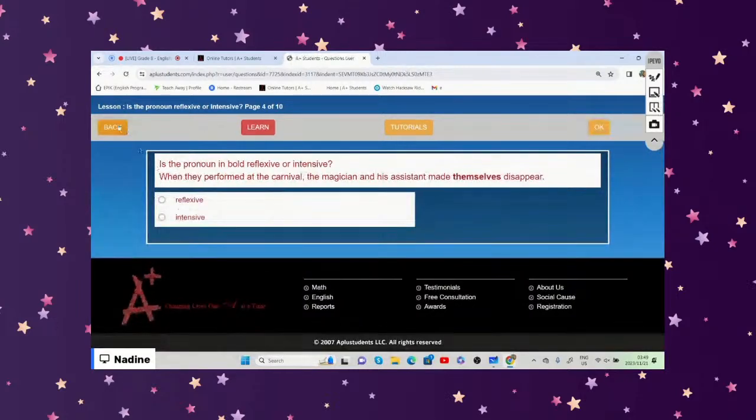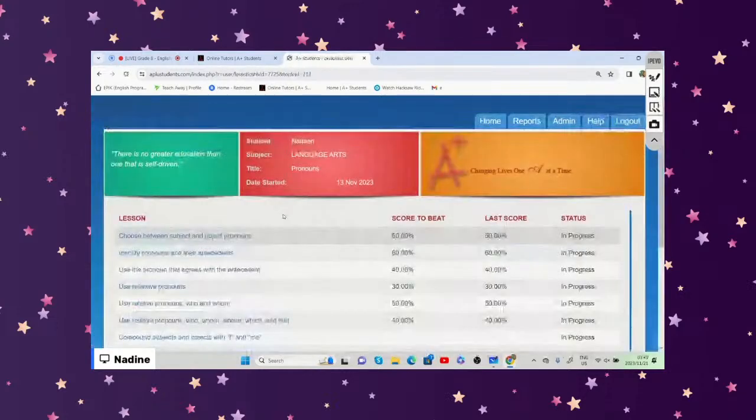So well done, guys. That is now the end of our lesson on pronouns. For the few days that we've been doing pronouns, we basically identified subject and object pronouns and antecedents.